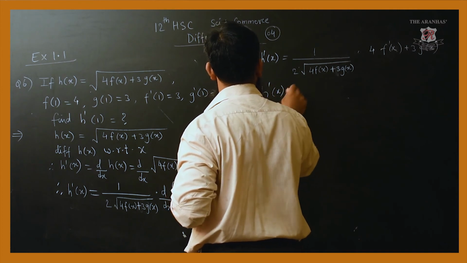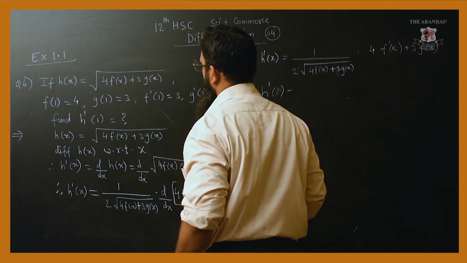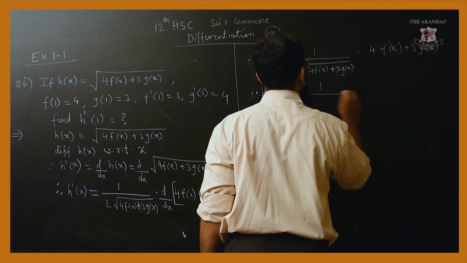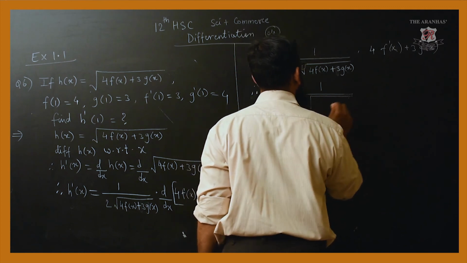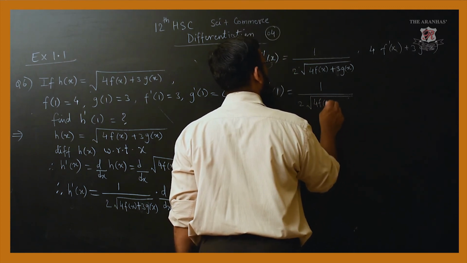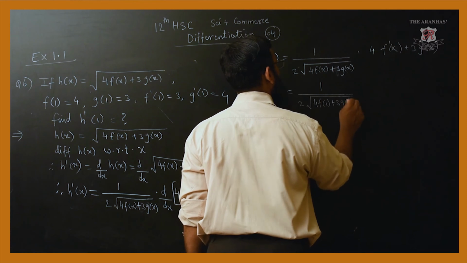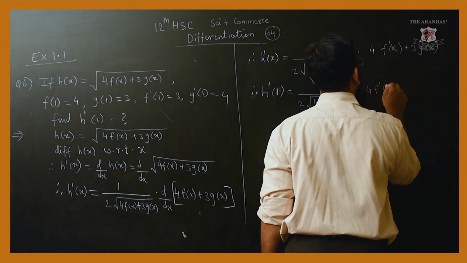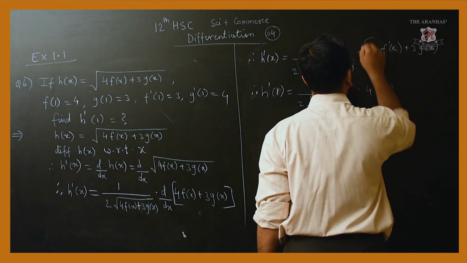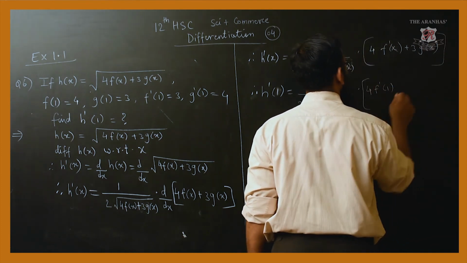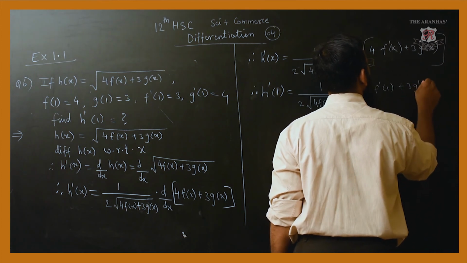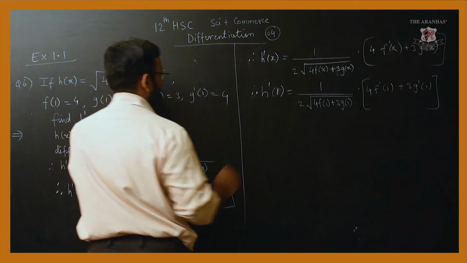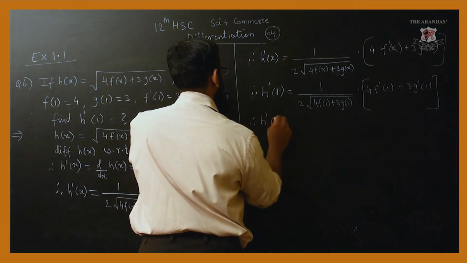Now let us substitute the values of x. H dash of 1 will be 1 upon 2 times root of 4 f of 1 plus 3 g of 1, into 4 f dash of 1 plus 3 g dash of 1. And all the values are available with us. The only thing is you have to substitute.